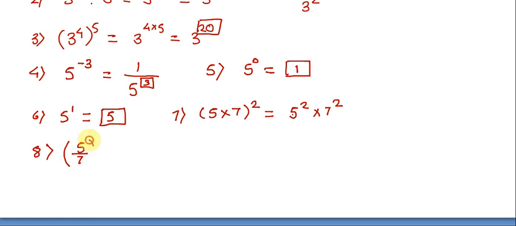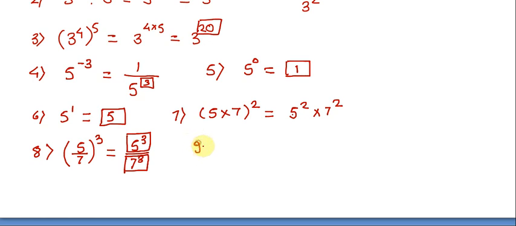So 5 by 7 is a rational number raised to the power 3. Here we can distribute this to numerator and denominator. So 5 raised to power 3, that is also called 5 cube, and the denominator is 7 cube. In this way we can revise last year's laws.